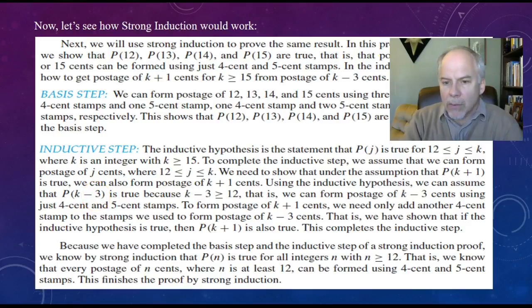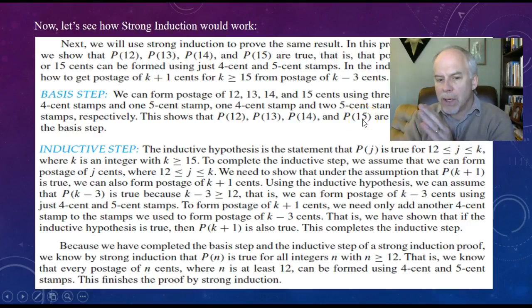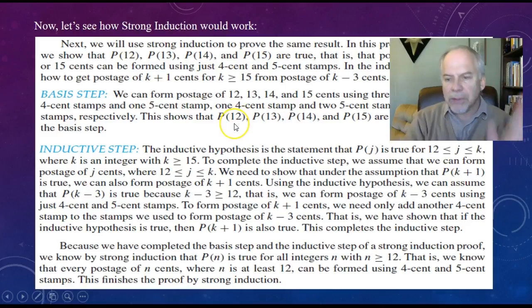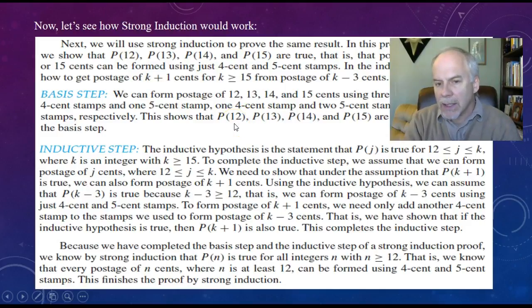So we had to show it worked for 15 because we're to show from there on up to the 16th one, it referenced K minus 3. So what's 3 less than 15? Well, it drops it down to 12. Okay, and that would be used for proving it works for 16.